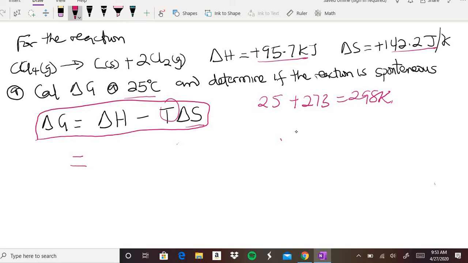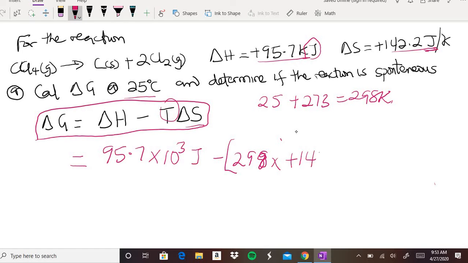So it's going to give us 95.7. We need to convert that to joules because we have joules here, so that is going to be times 10 to the power 3, minus our T, which is 298, times positive 142.2 joule.